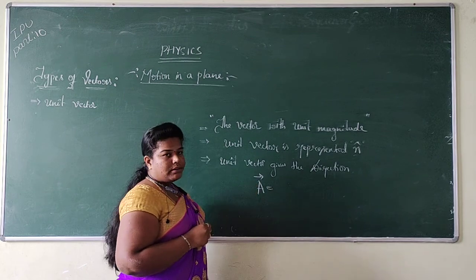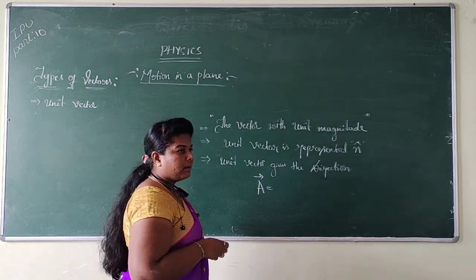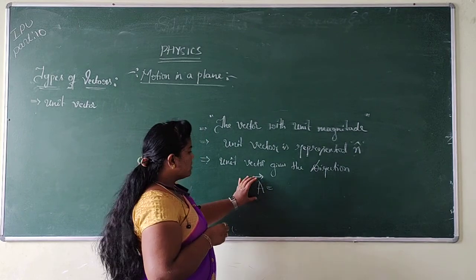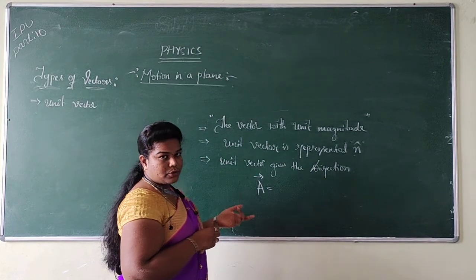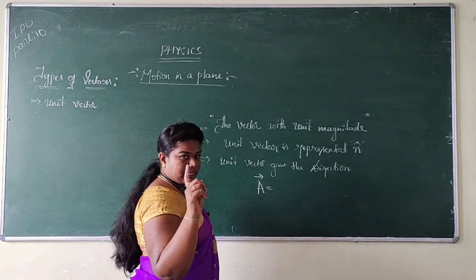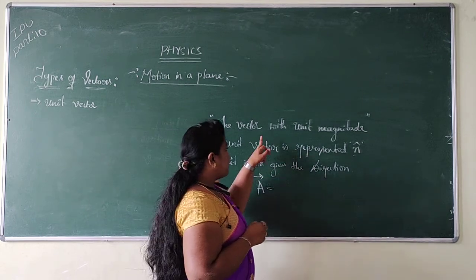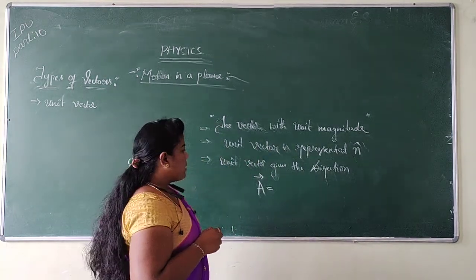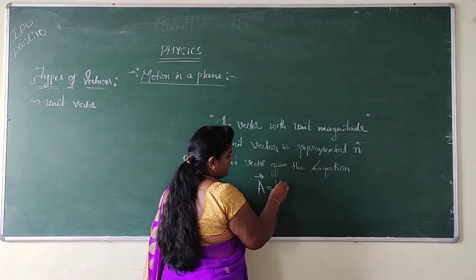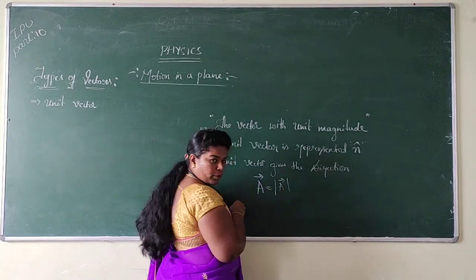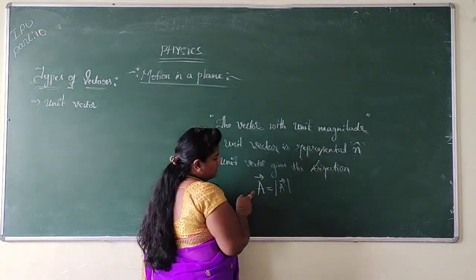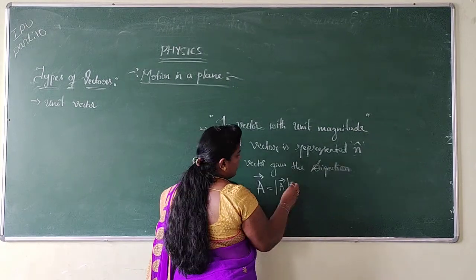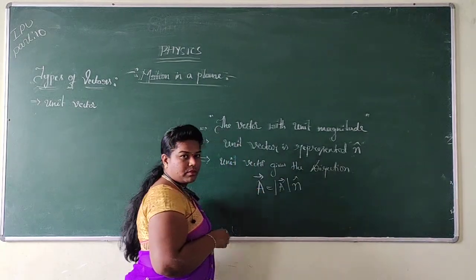So this vector has both magnitude and also direction. I said that the direction is given by the unit vector, whereas the magnitude of this vector can be written in this way, as I already showed you. So the vector has magnitude as well as direction.